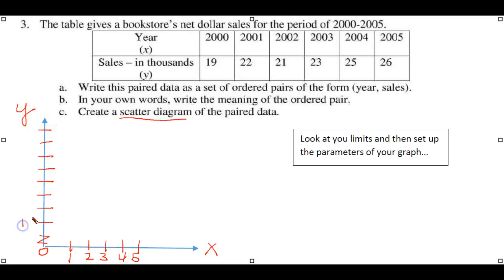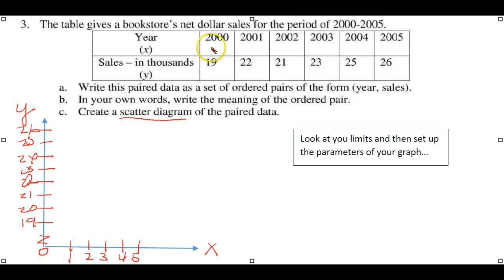So again, 19, 20, 21, so we set up our parameters on the side here, and now we're going to plot our data.